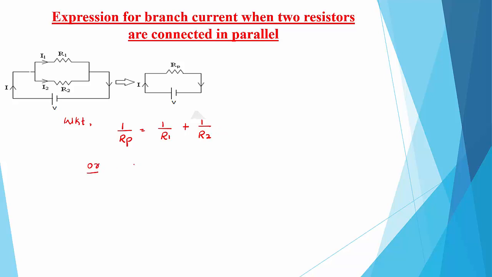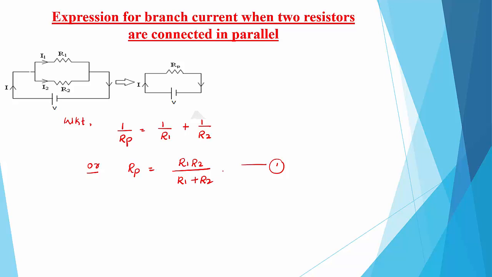We studied this expression in the previous classes. Taking the LCM, we get Rp equal to R1 R2 divided by R1 plus R2. This is the expression for equivalent resistance in parallel combination. Let us take it as equation number 1.